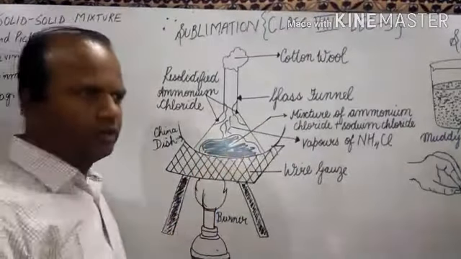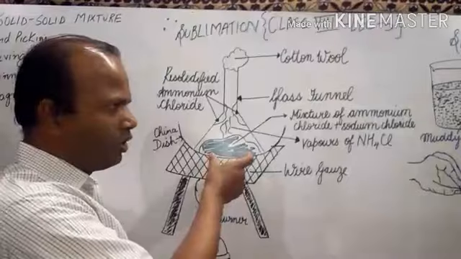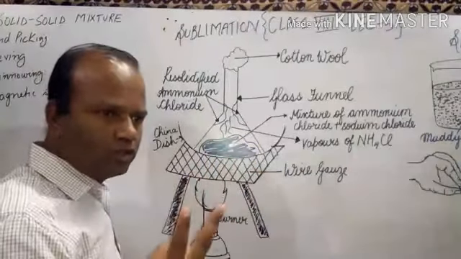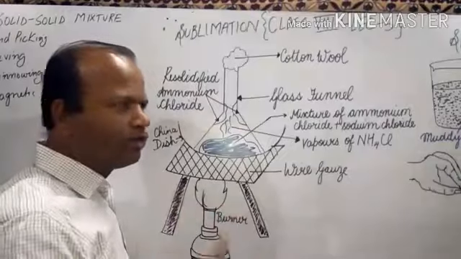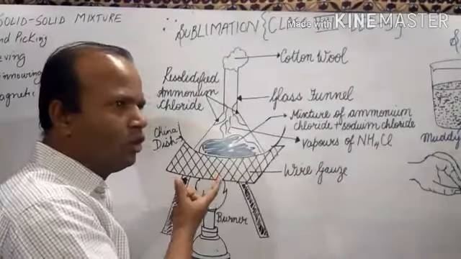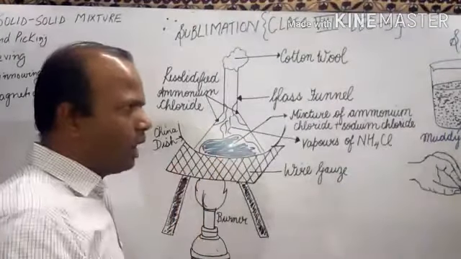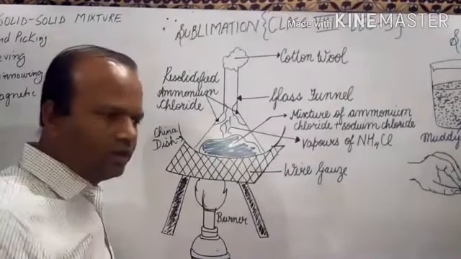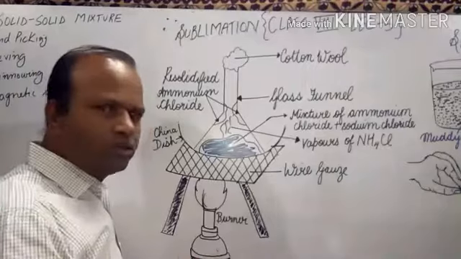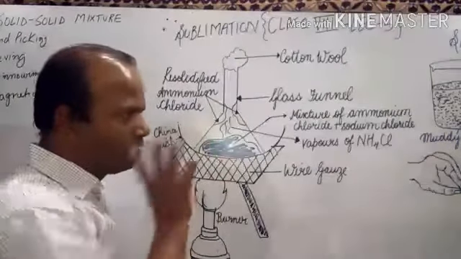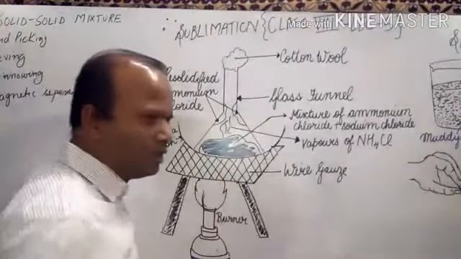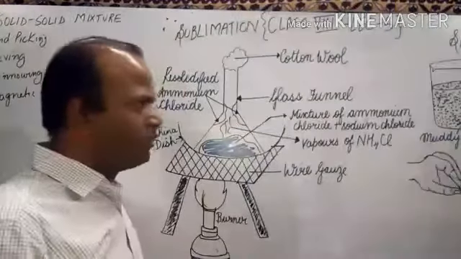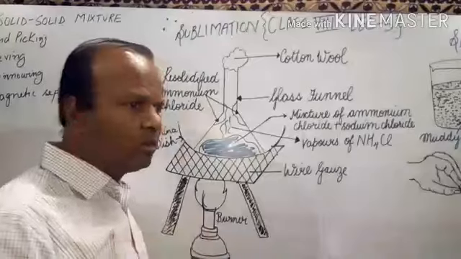In this we have taken a mixture of ammonium chloride and sodium chloride. So we have two constituents, and both are in solid form. The first component is ammonium chloride, and yes students, ammonium chloride has the property to sublime, so we are using this method of sublimation. The other, sodium chloride, NaCl, common salt, does not have the property to sublime.